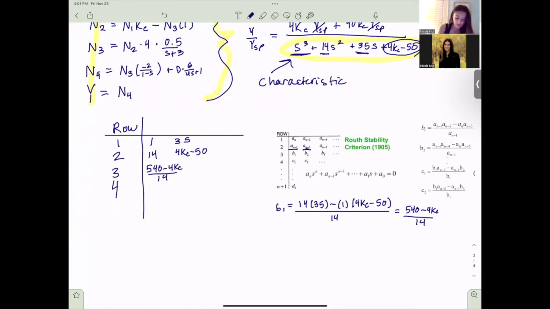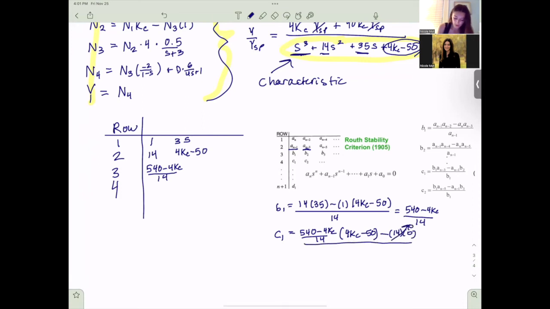Now we're on row 4, so we're going to be solving for c_1. This is also a little bit more complicated, so I will write it down here so we can simplify before we put it in our table. So that will be b_1, which we just solved for, times that constant. This will end up canceling to 0.